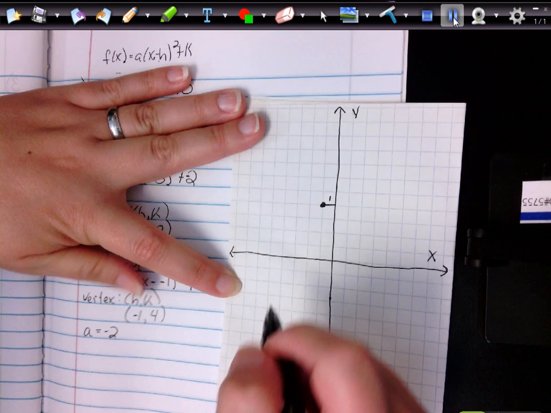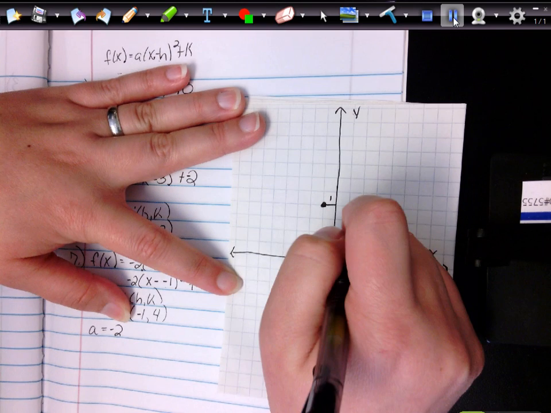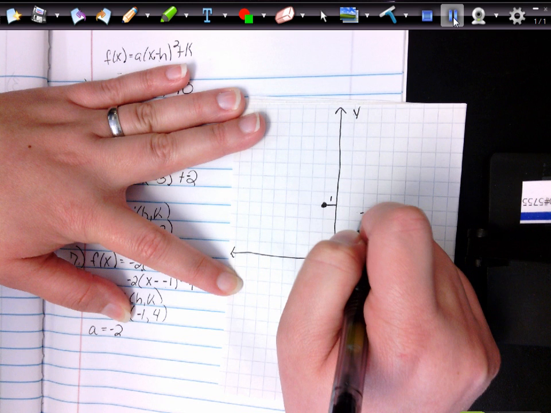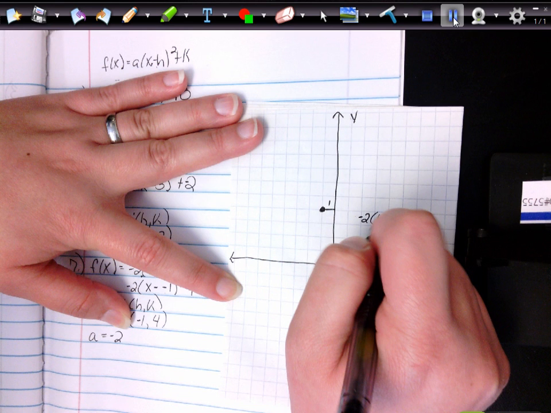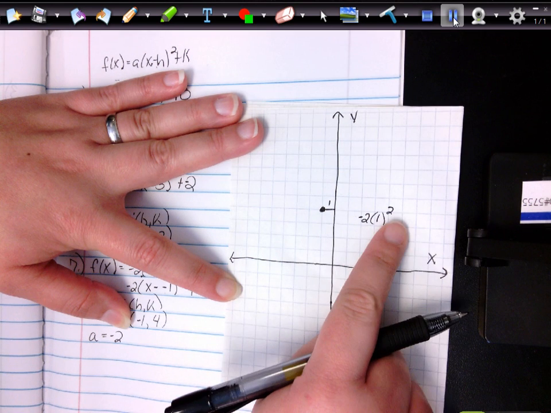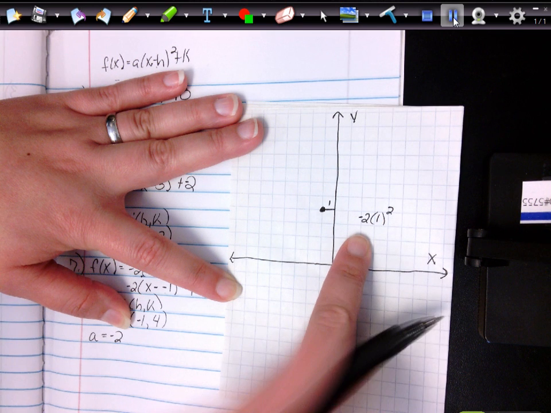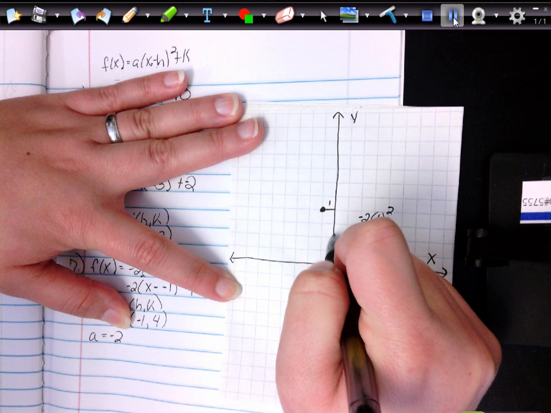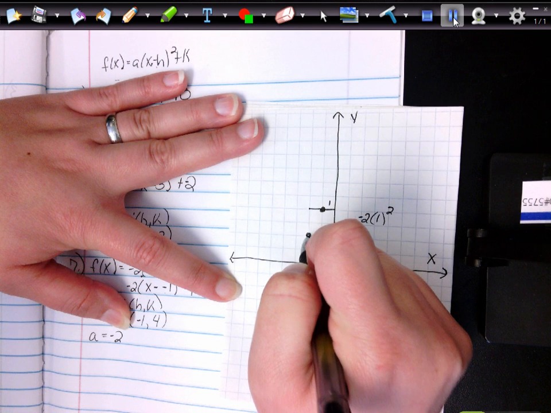To figure out how much to go down, I'm going to say my stretch, which is -2, times the fact that I'm going over 1, so 1 squared. 1 squared is 1, times my stretch of -2, so I'm going to go down 2. There's my point. I'm going to do the same thing to the left, over 1 and down 2.